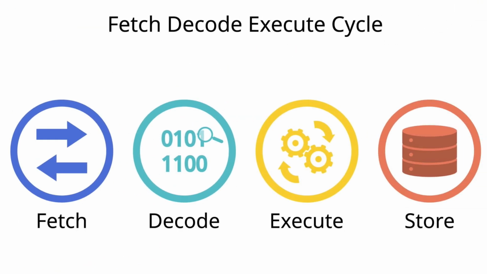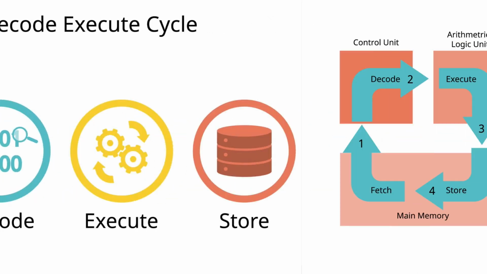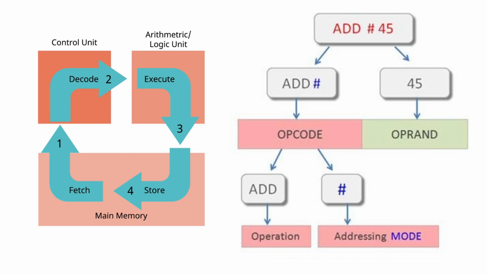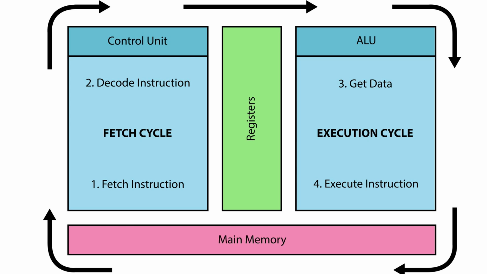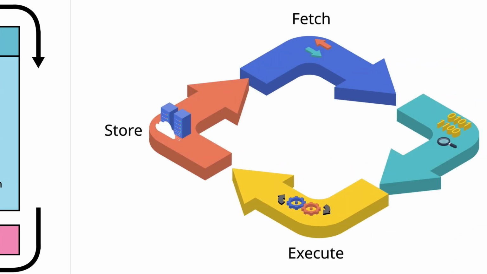The CPU follows a very important cycle called the fetch, decode, execute cycle. Let's break this down step by step. First, fetch. The CPU fetches or retrieves instructions from the computer's memory, usually from RAM. Second, decode.